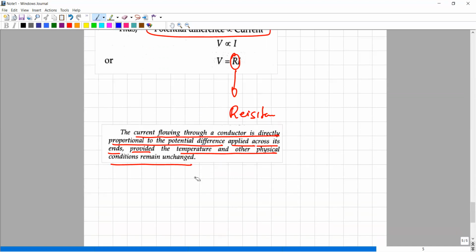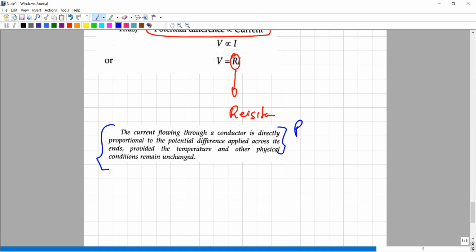So look here, in the definition, you will not find the word resistance, because it is only said that potential is proportional to current, and resistance is one of the constants. There is a constant which we call resistance, but there can be some other constant as well.